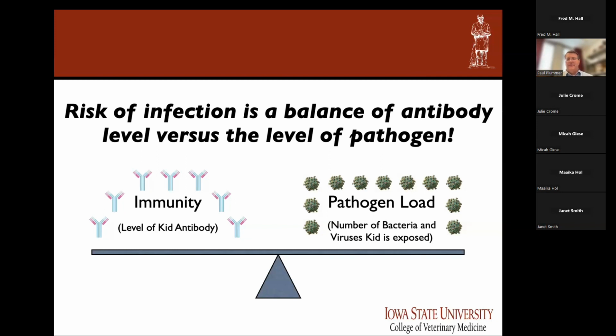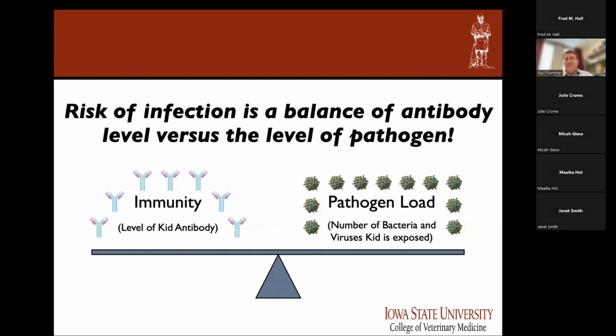And so whether it's through raw colostrum that we're feeding them, heat-treated colostrum, or colostrum replacer, whatever we're doing, the concentration that we get over on that left-hand side, or the total amount that we get on that left-hand side, is driven by our management practices, particularly if we're separating at birth.